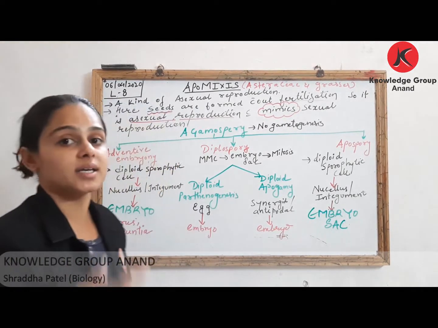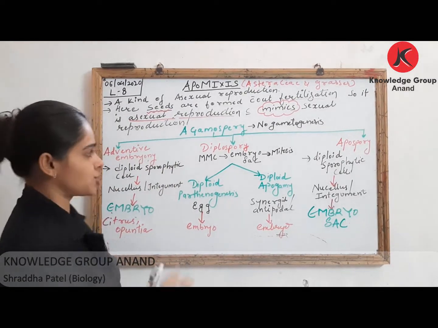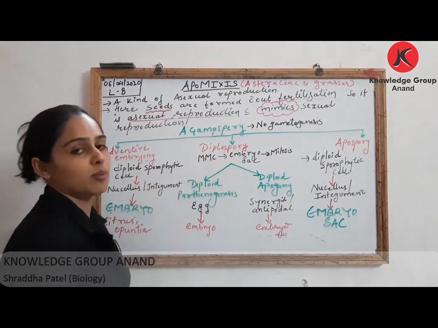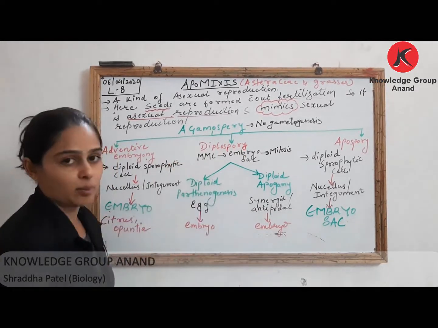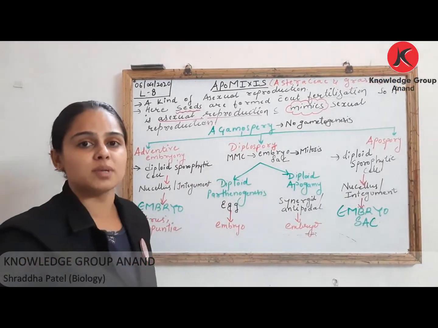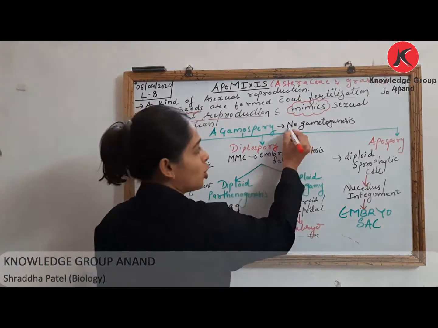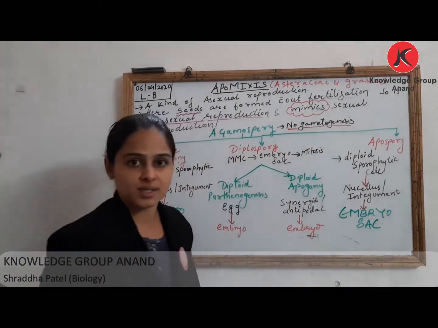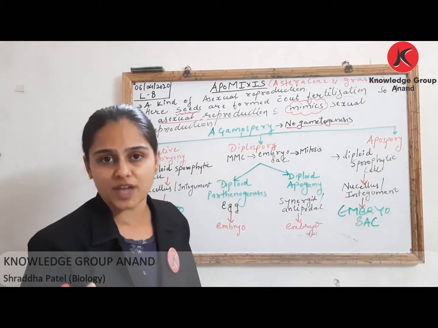Okay, but here one more type of asexual reproduction is called agamospermy. Now look what I have written. Agamospermy का मतलब होता है here there is no gametogenesis. What is gametogenesis? आपको पता है, formation of gametes.